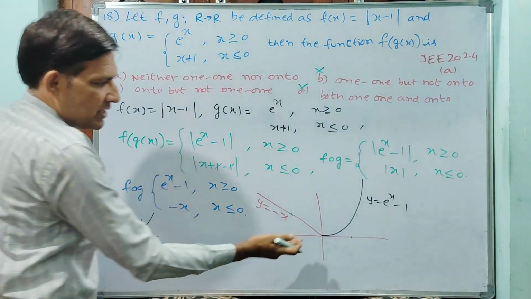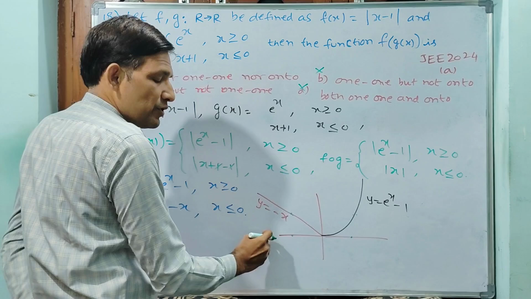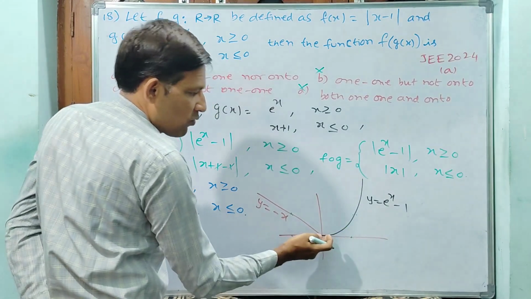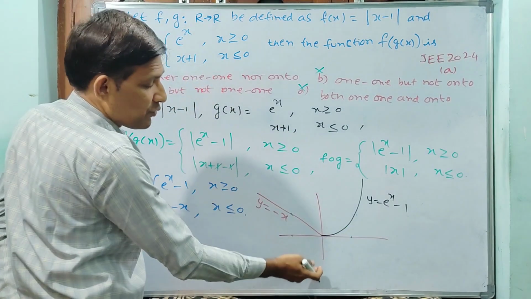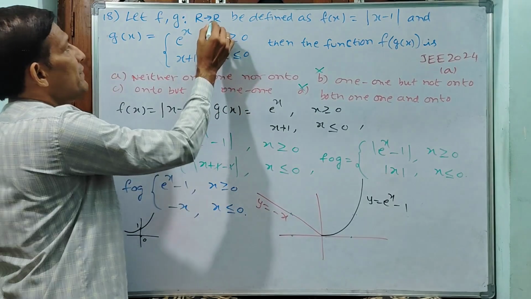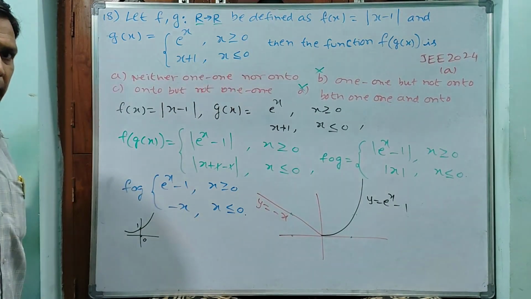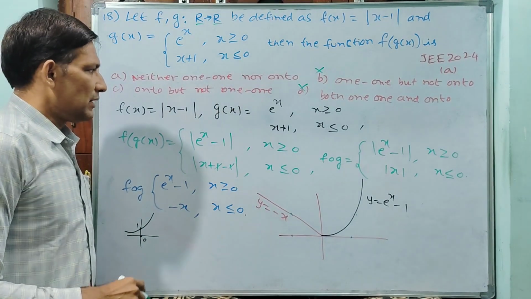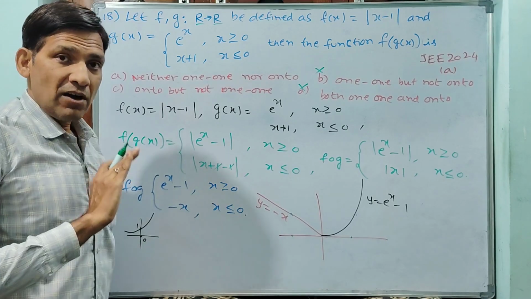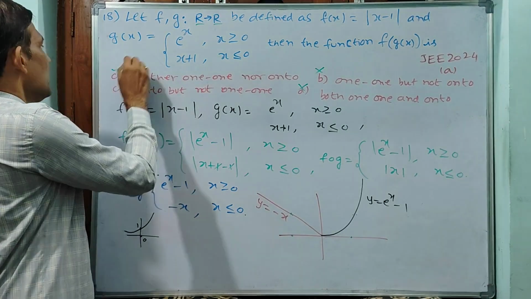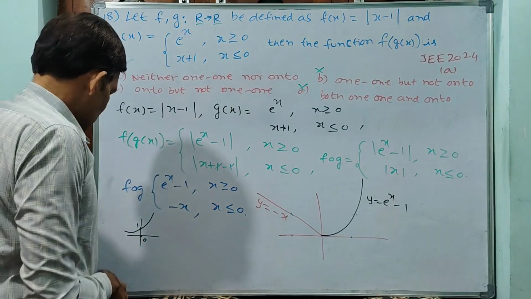No. Why? Because here you are giving negative input and positive input, but only positive output is going to come. Negative output is not going to come, but we are given R to R, all numbers, positive and negative. That is why this is not onto also. Neither one-one nor onto.